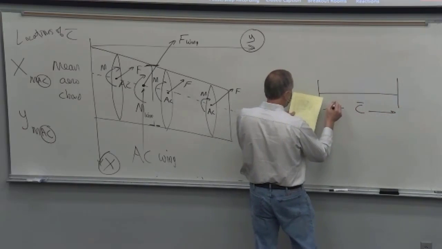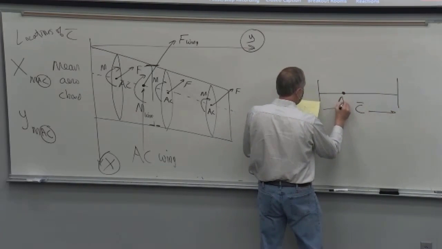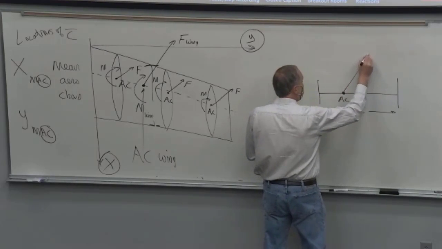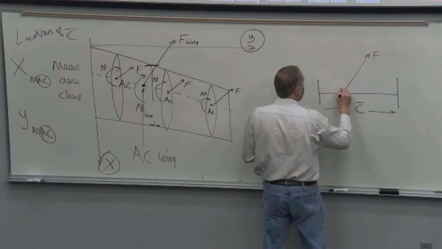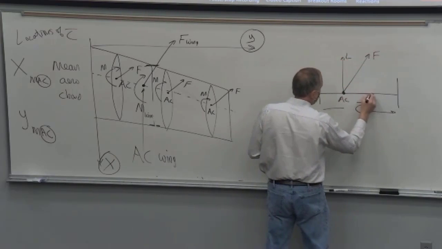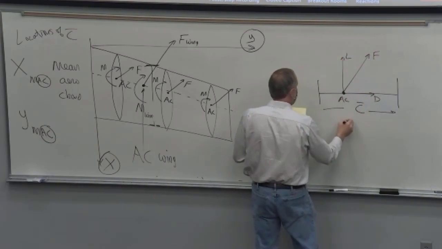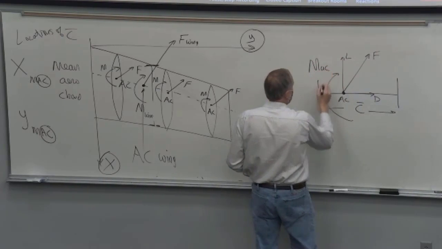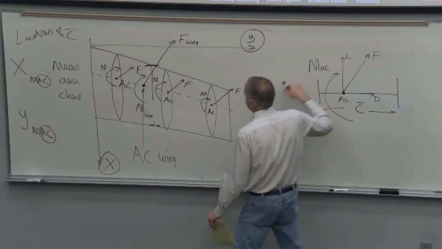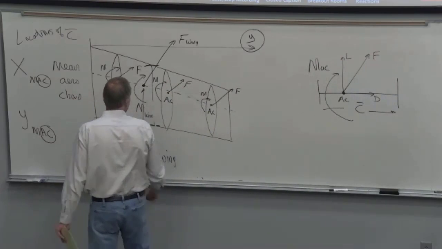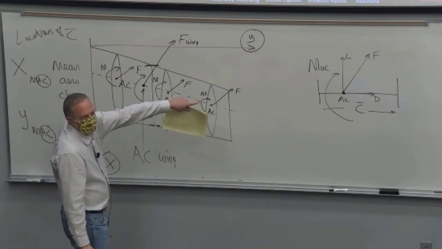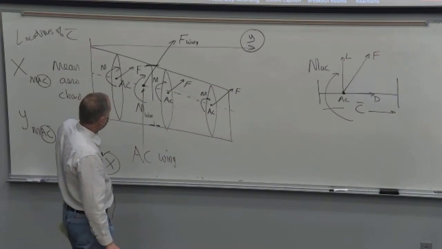You say that's our average chord. Here's the aerodynamic center. And we draw the aerodynamic force, which we resolve into lift and drag. And then we say there's a pitching moment here. So this is the net resultant of all of that distributed load. We're saying it acts at the aerodynamic center. And there's the net couple for the whole thing.